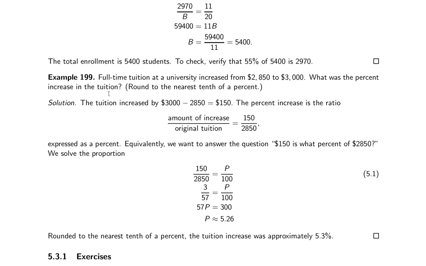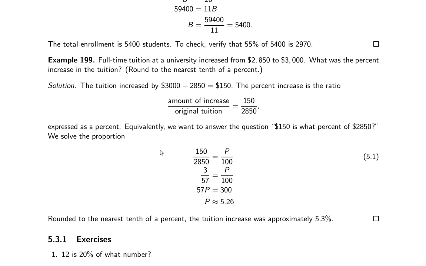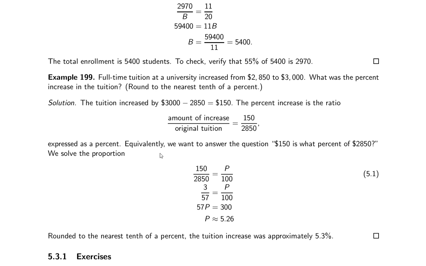All right, so the increase in tuition was 5.3% to the nearest tenth of a percent. So that's solving percent problems and word problems based on them.